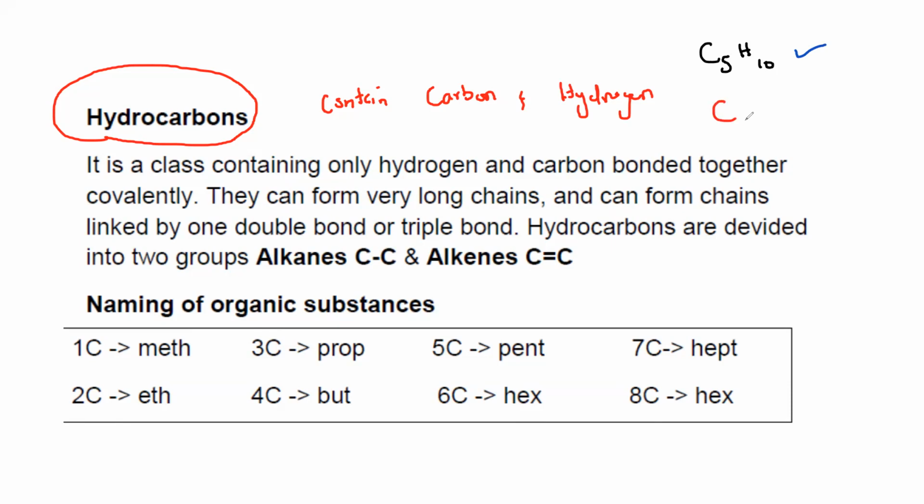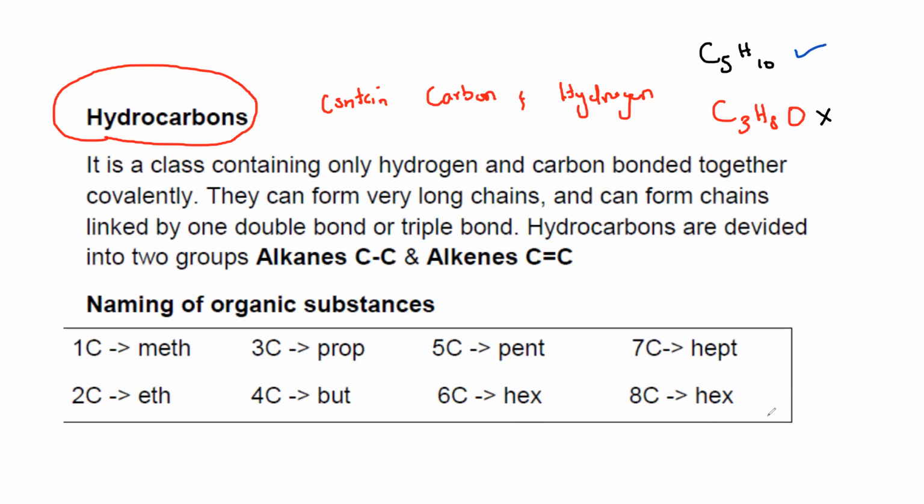Then if I say C3H8O, is this a hydrocarbon? No. Why is it not a hydrocarbon? Because it contains carbon, hydrogen, and oxygen as well. So that's why it is not a hydrocarbon.